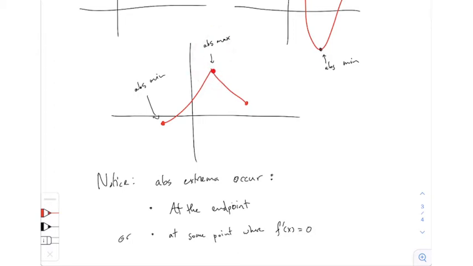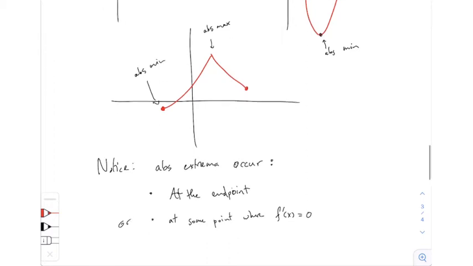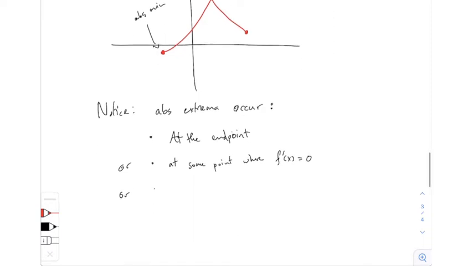This point here, the derivative is not 0 there because it's like a pointy point. Actually, the derivative there does not exist. It's not differentiable at that point. So I'm going to say, or at some point where f prime of x does not exist, right?